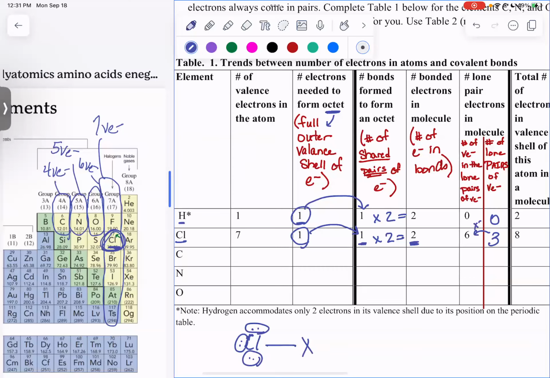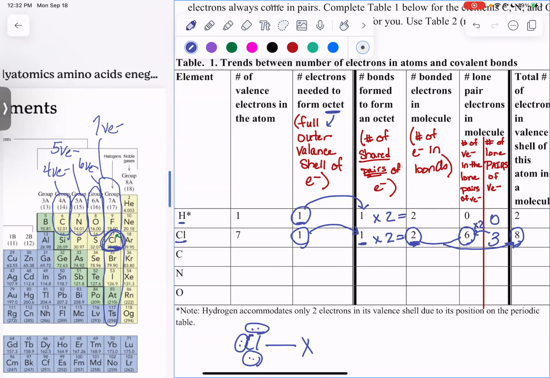To go from here to here, all I did was multiply by 2. So what you should get, if you look at the number of electrons that are bonded and the number of electrons that are in lone pairs, those should equal 8. So if I look here, 2 plus 6 gives me 8.